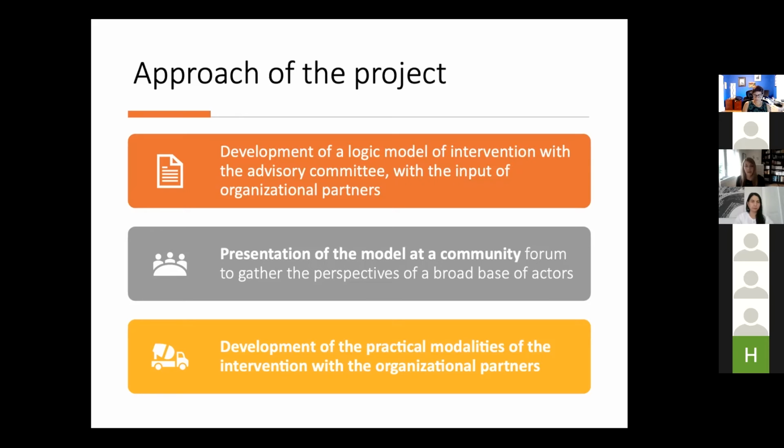So we took a little bit of delay, but we're still at this first phase, and we are close to our final logic model of intervention.